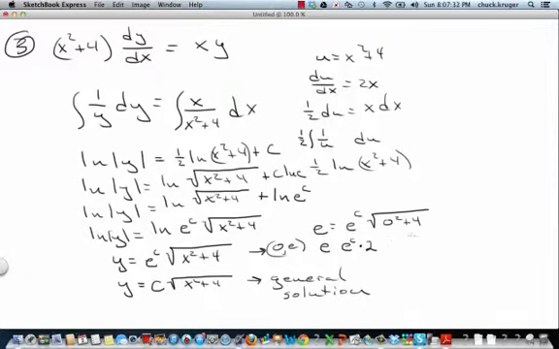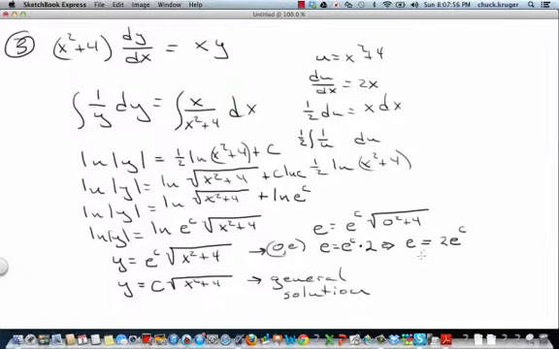I should write an equal sign here. This is the same as e is equal to 2e to the c.